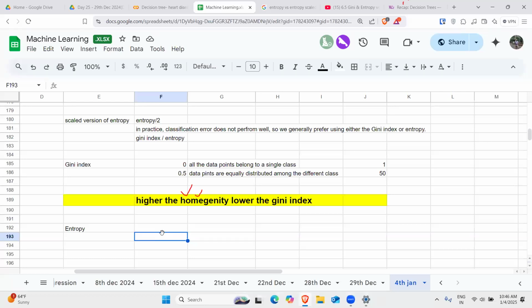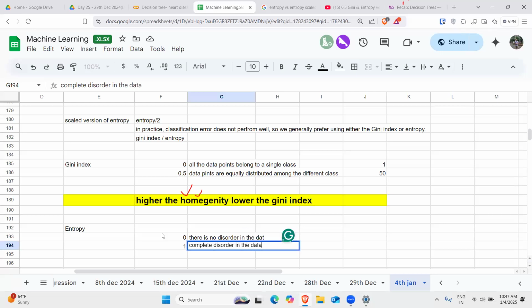If a dataset contains an equal distribution of both the classes, the entropy of the dataset will be 1. If the entropy is 1, it's complete disorder in the data.